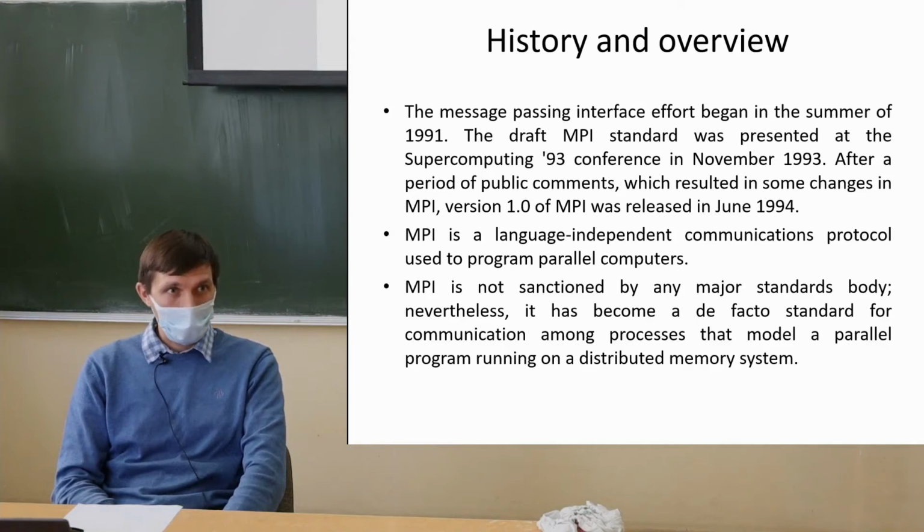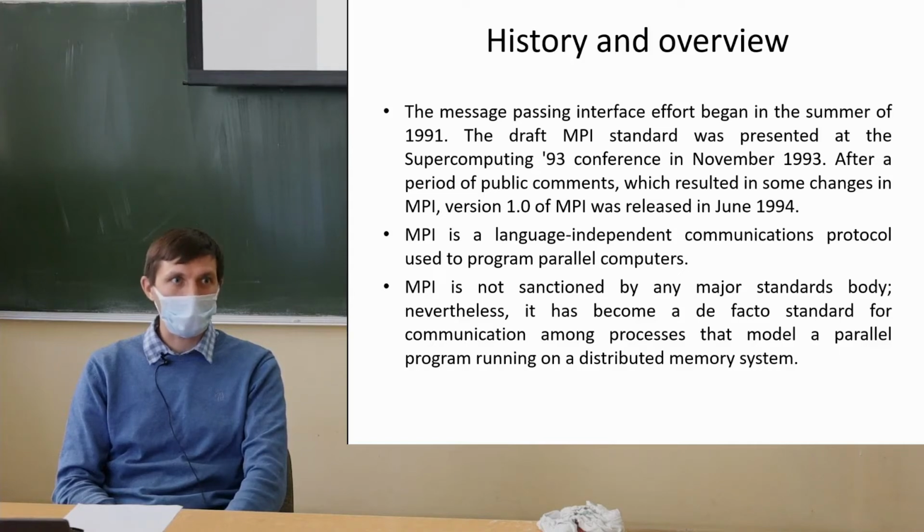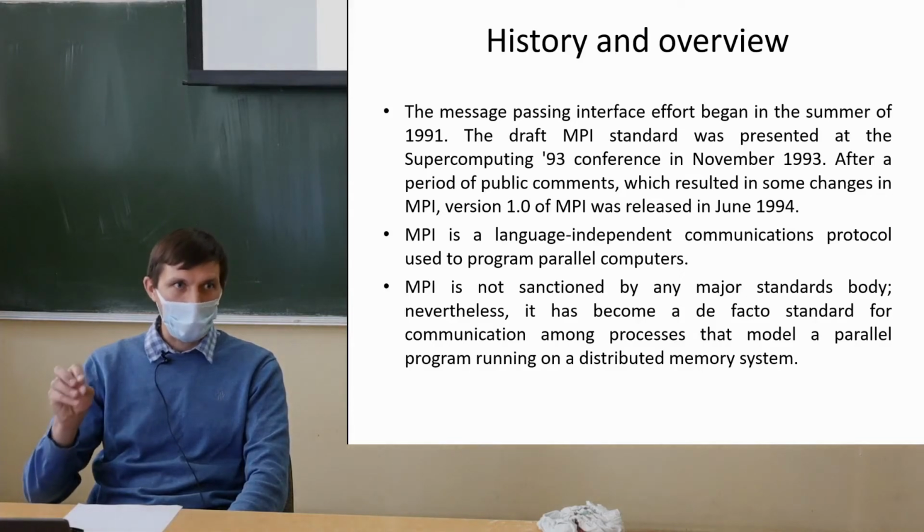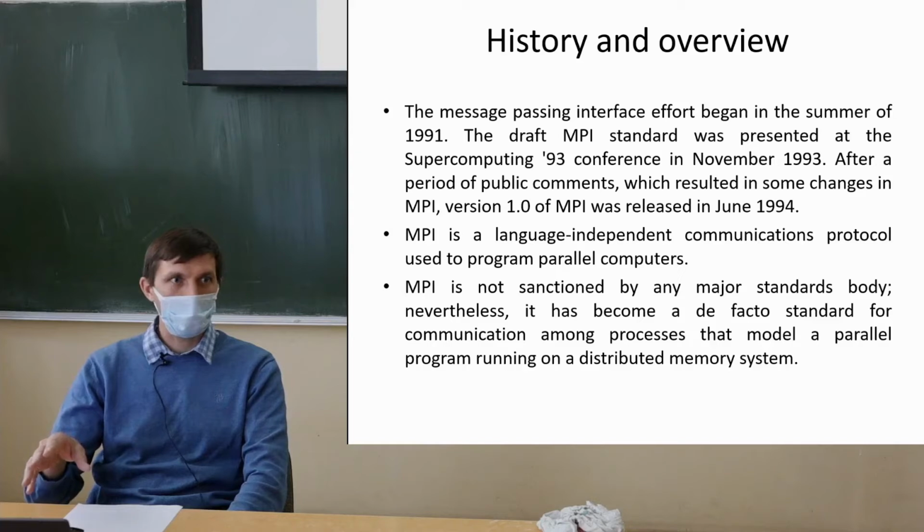And after that, even the third version appeared, but you can write a simple and effective parallel program using MPI with just version 1.3, even this one. So you can see that this was written fast and was already effective even with the first version.